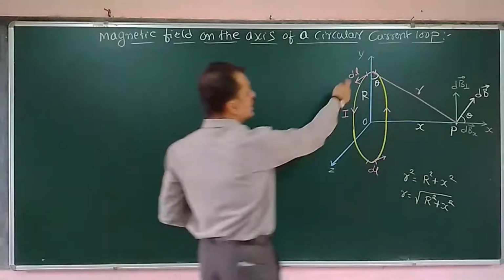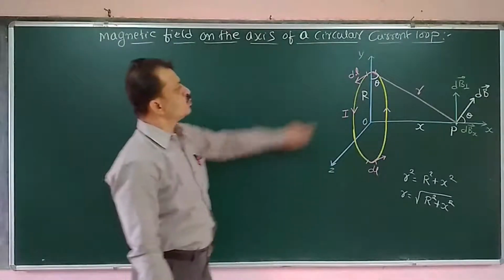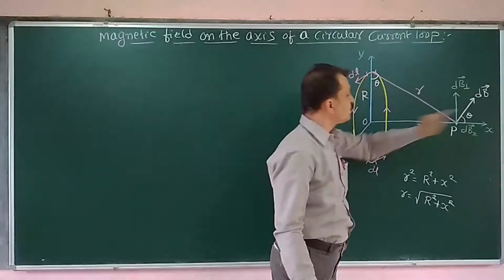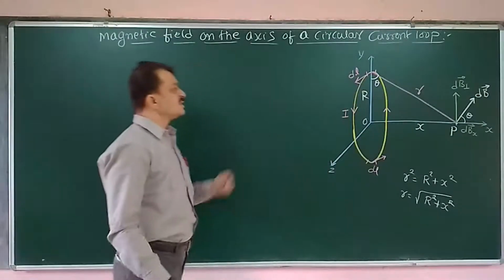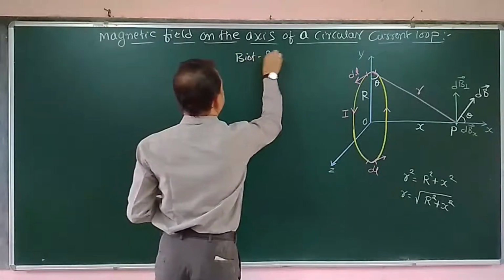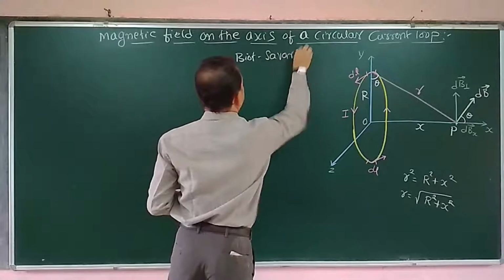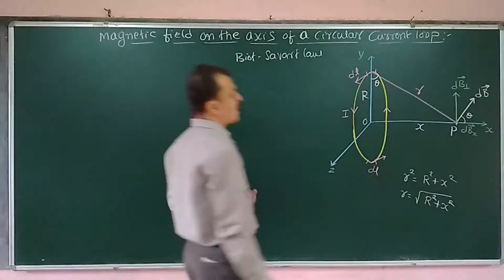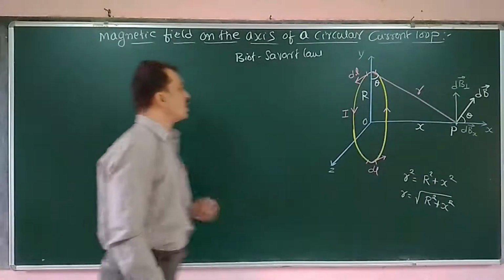Now we have considered the current element. Due to this current element, there is obviously a magnetic field at this point P. That is given by Biot-Savart's law. By using Biot-Savart's law, we can find the magnitude of the magnetic field at that point.